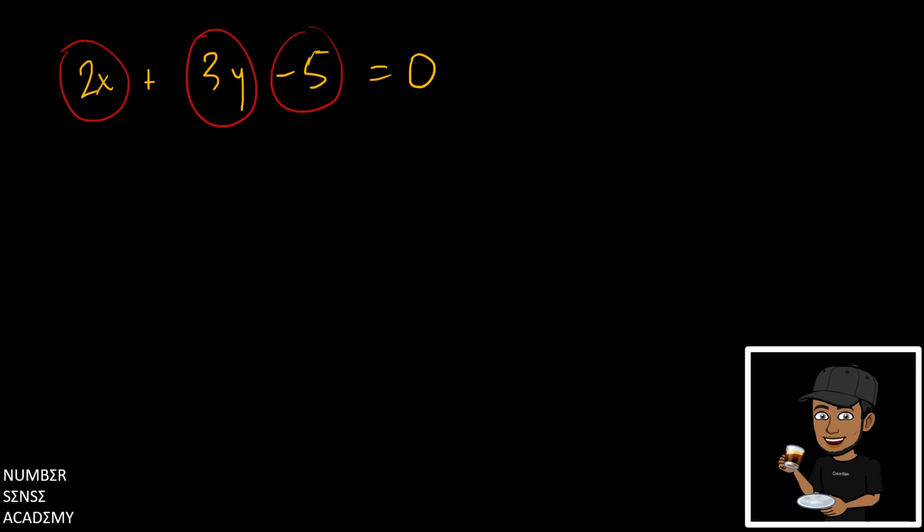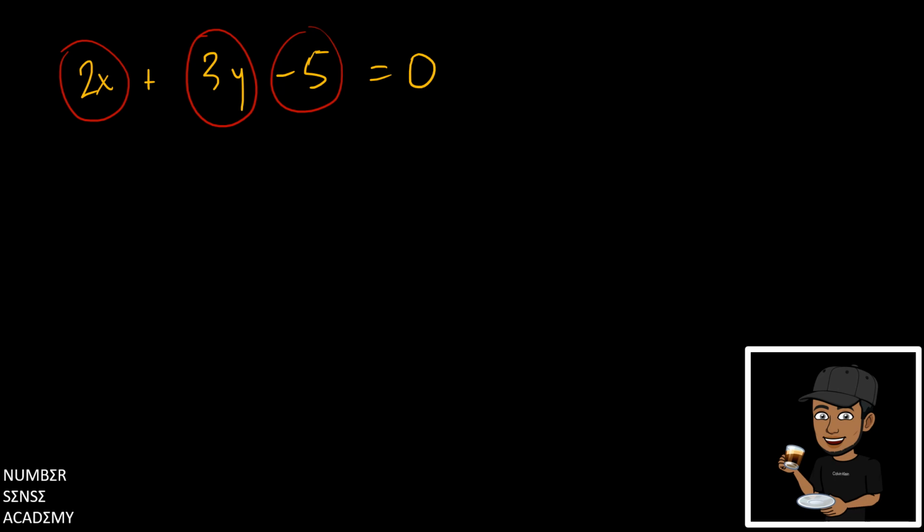So what if I have 2x plus 3y minus 5 equals 0? Again, we have 3 terms: term 1, term 2, and term 3.